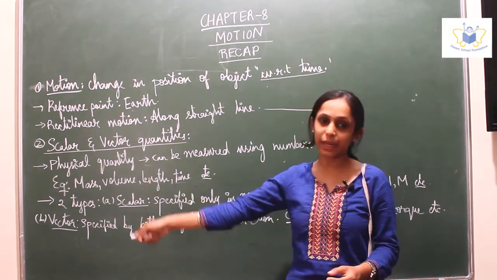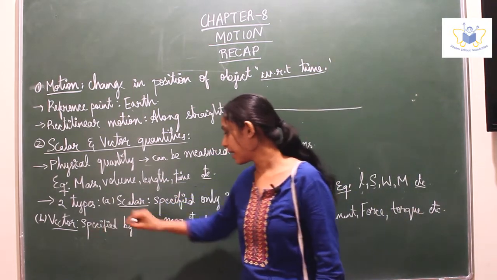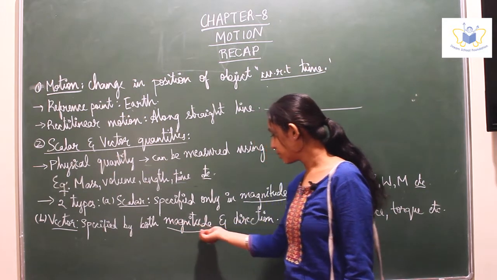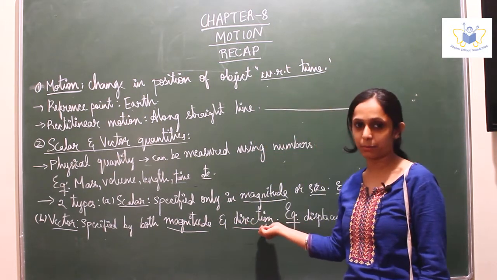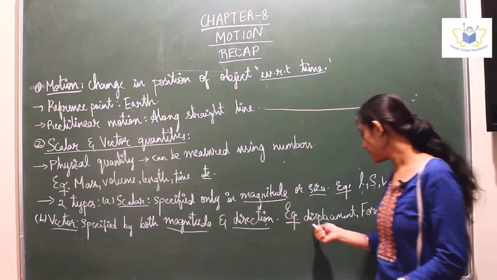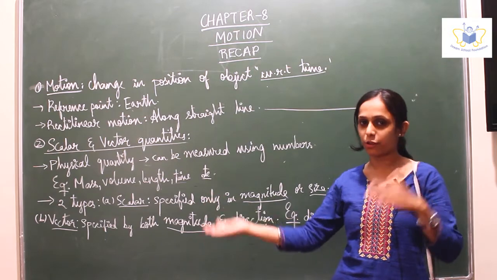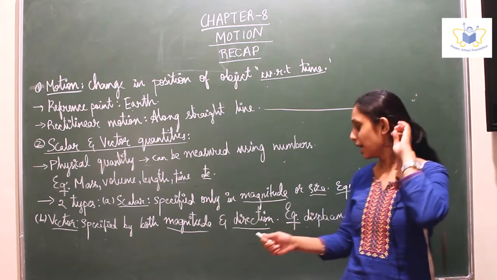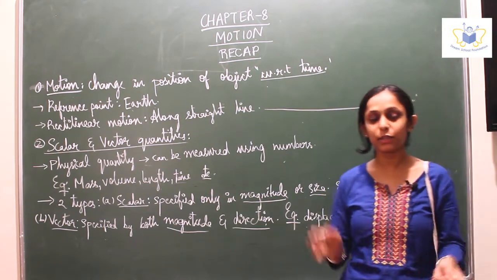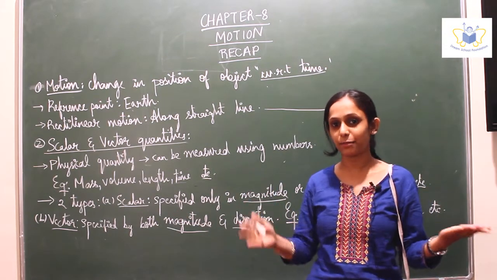Now coming to vector quantities, what is the difference? Vector quantities are specified using both magnitude and direction. This is very important. They are defined with respect to direction. An example is displacement. Displacement is nothing but movement of an object from one place to another. When you are displacing something, you will say move it to the right, move it to the left. What do right and left mean?